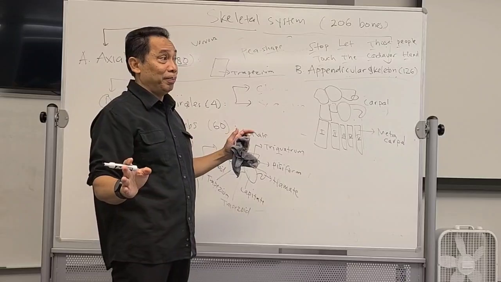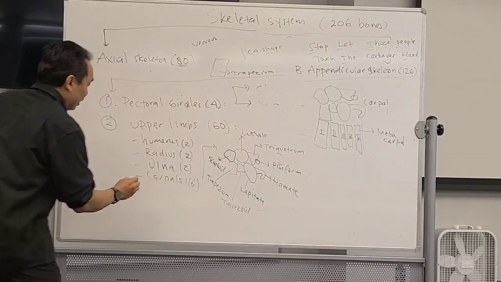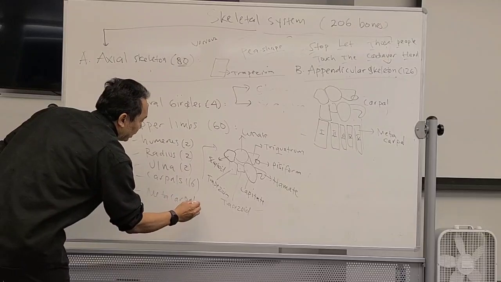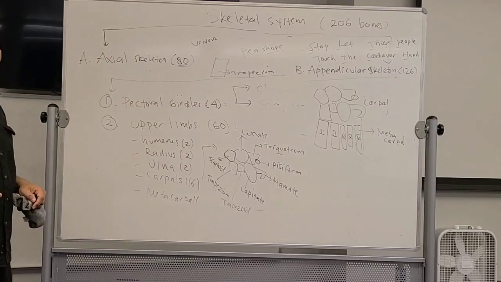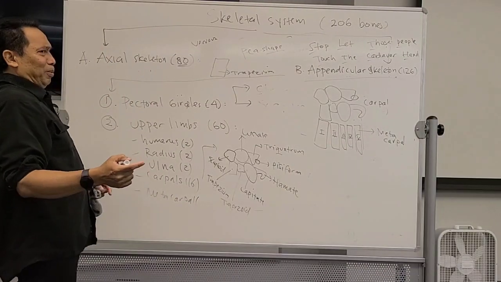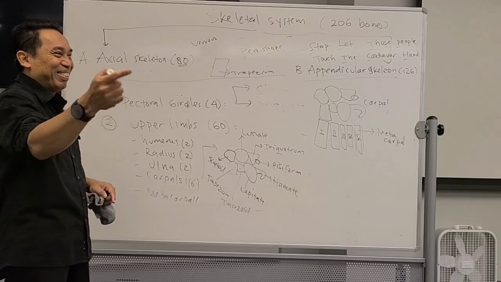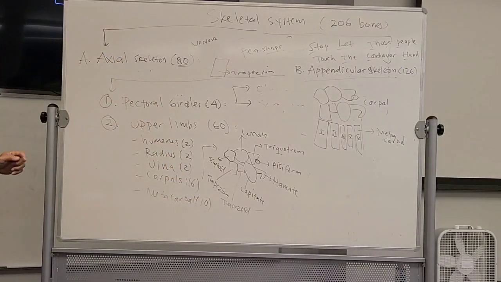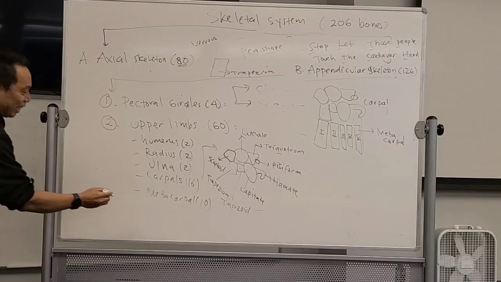That's not that difficult. Okay, so metacarpal. What is the total gonna be? 5 plus 5. See? You have the same problem like me. 5 plus 5 is 10. Get it? Okay.